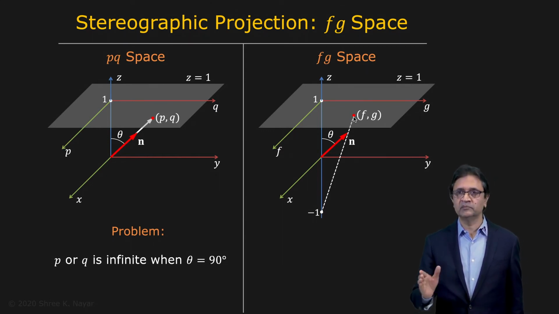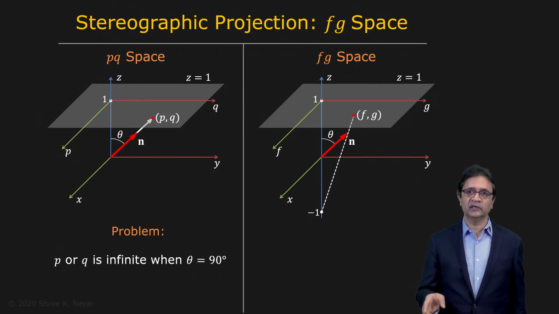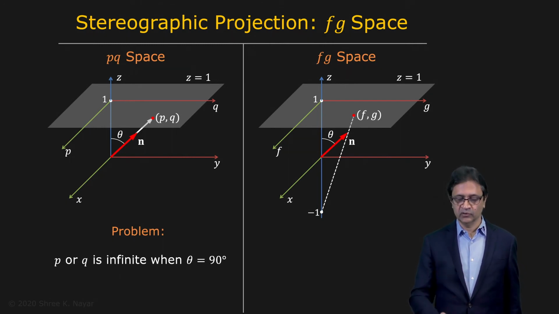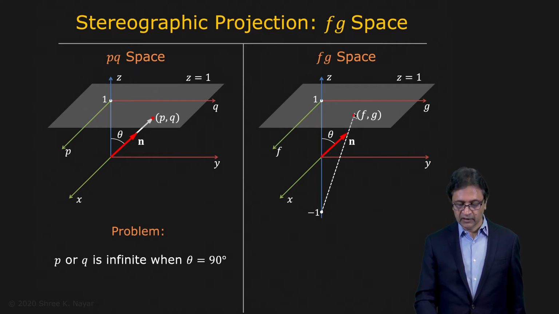And there's a very simple relationship between FG and PQ. What you do is you consider this triangle right here. So you see this triangle in 3D. You take this point right here, which is the origin of your FG plane. You take the FG value, and you take the point where z equal to -1. That's one triangle. And then you have another triangle, which is the tip of this normal right here, and then the projection of the normal onto the z-axis, which would be somewhere right here.